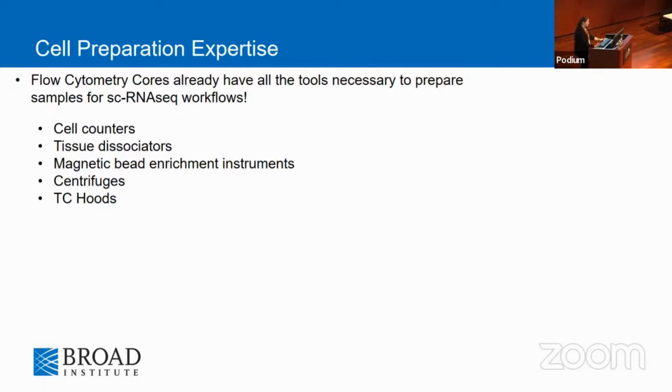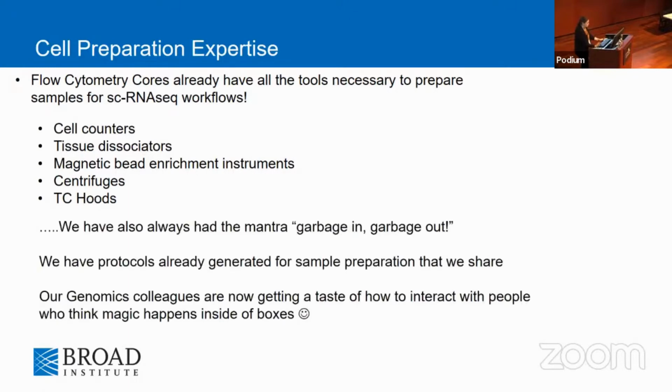And we just know all the tricks to getting cells to look good. And we have the tools in our labs, from cell counters to tissue dissociators to MACS to whatever you have, centrifuges, TC hoods, you have the whole setup. So why not use that for doing 10x workflows?